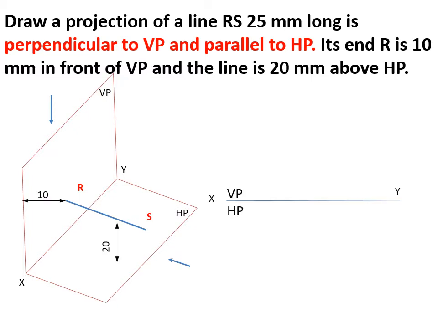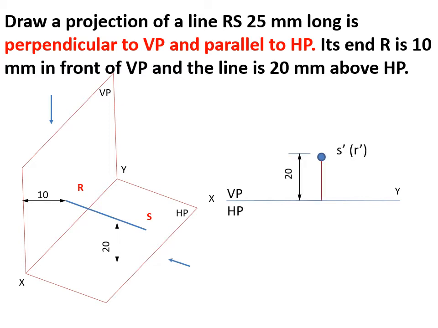The entire line is 20 mm above HP. Because the line is parallel to HP, you can draw it anywhere, 20 mm above HP. So in the front view I can see only the point S. R is hidden or invisible from the front view, but it is 20 mm above HP. In the front view, you have to draw a projector for 20 mm.